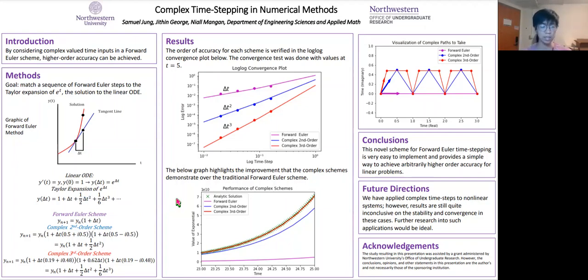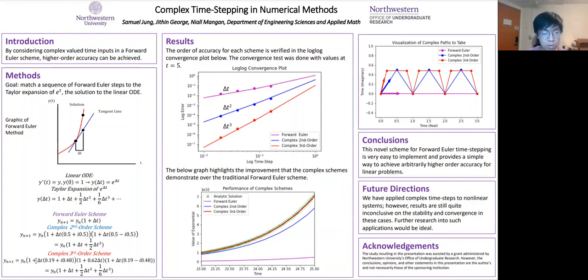So the nth order of accuracy corresponds to n steps as well. If we look at the complex second order scheme, we have two complex valued steps that we're taking in time. If we expand it out, we get up to 1/2 delta t squared. That shows us that we have our second order of accuracy.